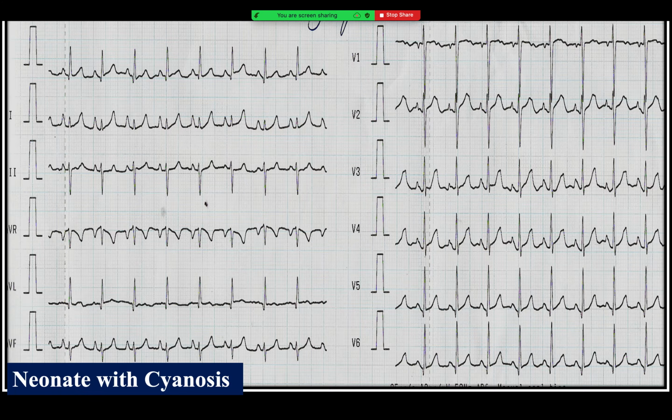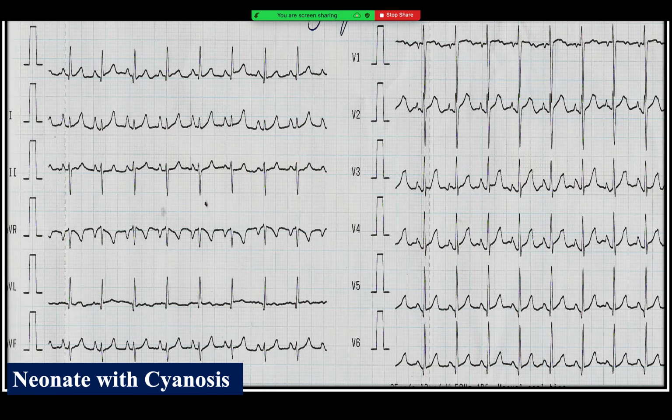Another neonate with cyanosis. The ECG is in front of you. This is again sinus rhythm, right?